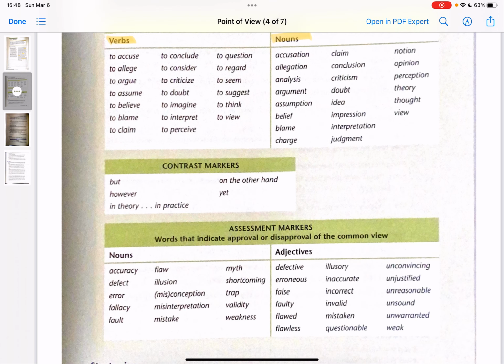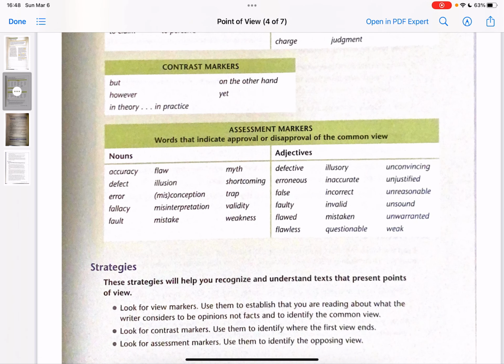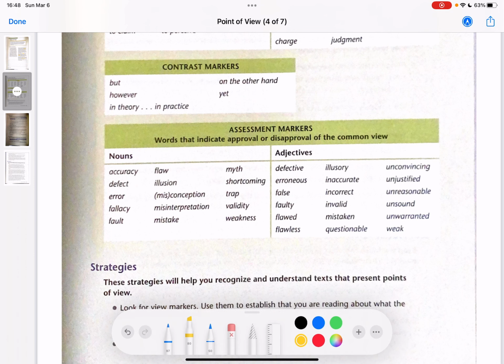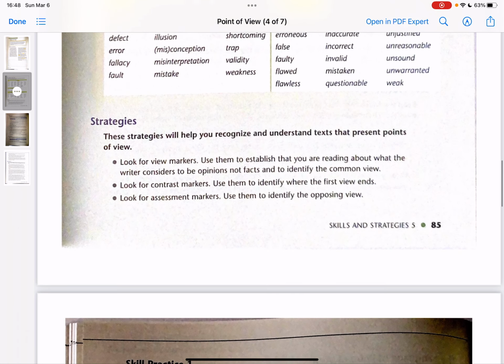Contrast markers, some of these you probably already remember, but just to remind you, but, however, in theory, in practice, on the other hand, yet, there's lots of other contrast markers too. Maybe you can think of some, but these are a good start here in this chart. And then finally, assessment markers, words that show judgment, approval or disapproval of the common view. And there are a few nouns and then also adjectives here that you can use to show disapproval.